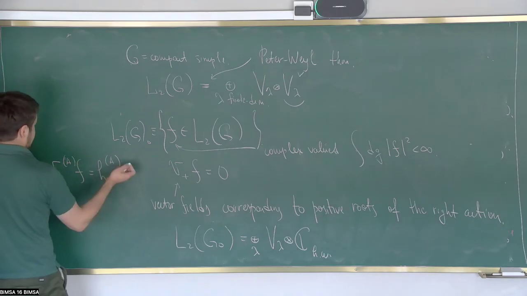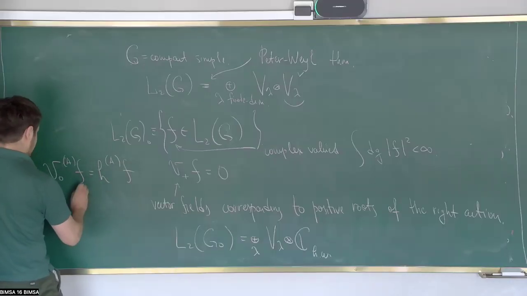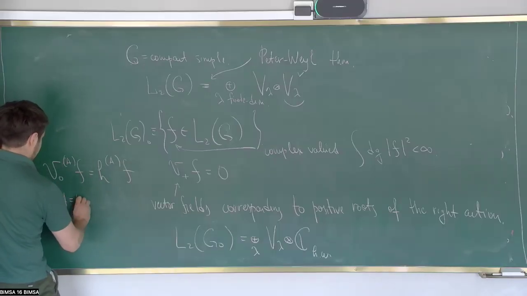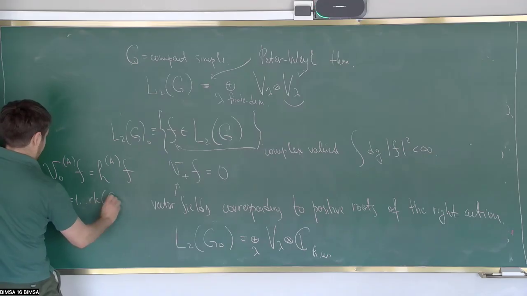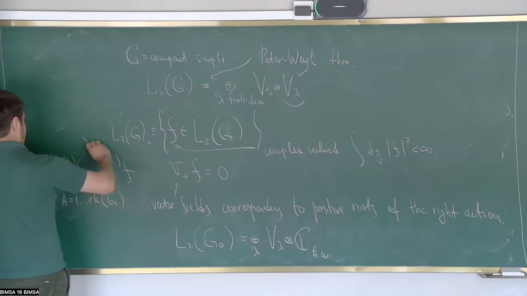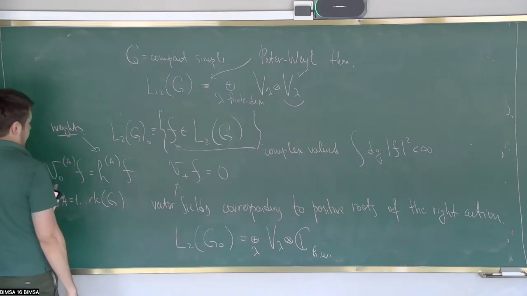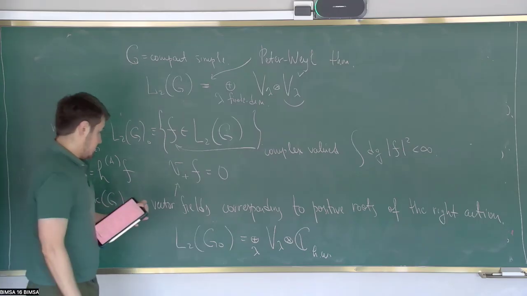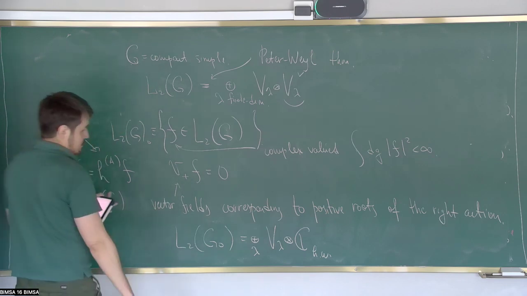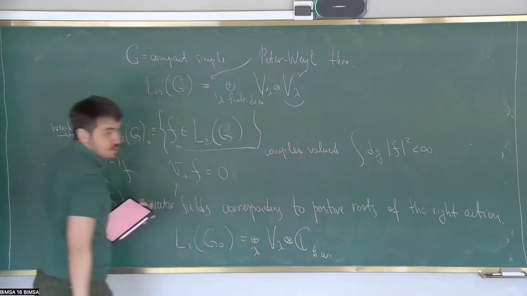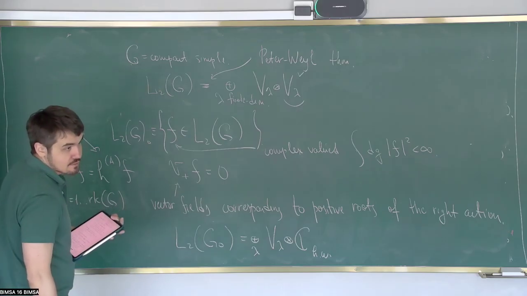We fix the weight, actually. These are A1 to rank of G. So we fix the weight, and by this we pick only one representation with given highest weight.